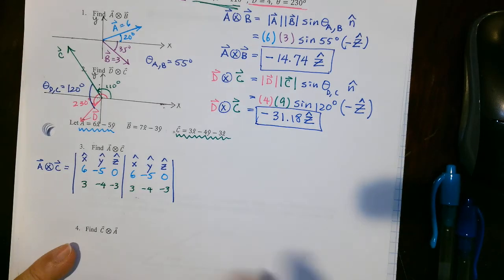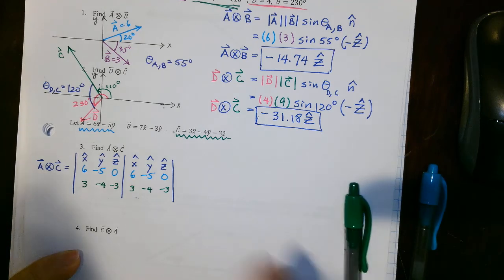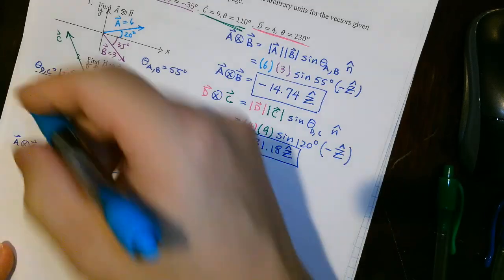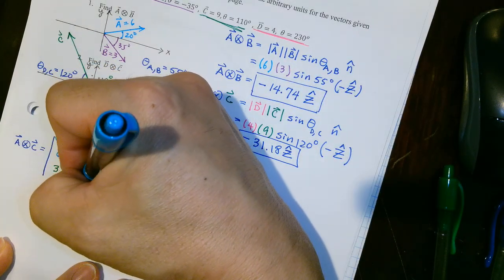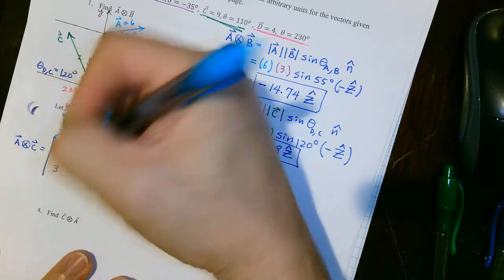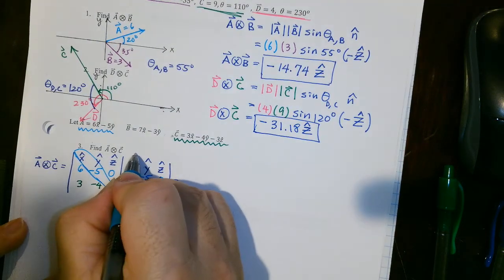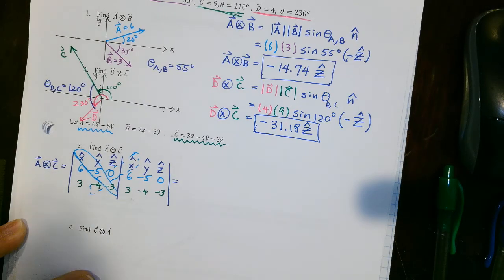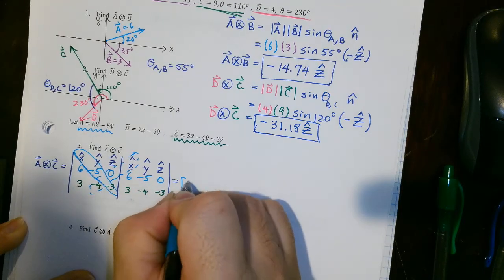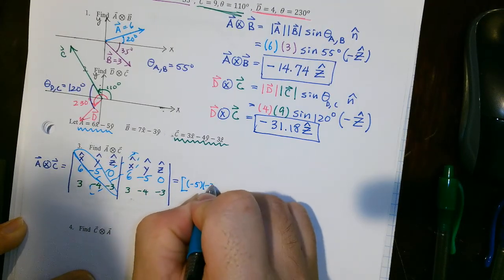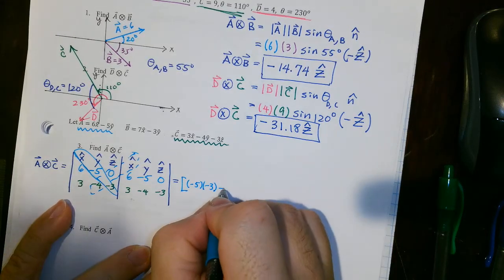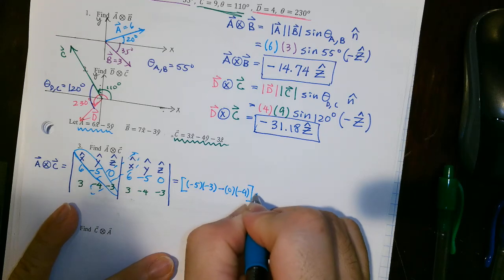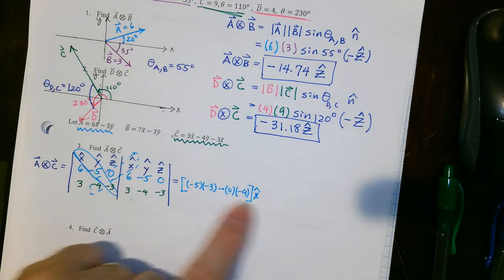So if I were to now cross them, this would be simply this, right? Minus that. So here I have negative 5 times negative 3, minus 0 times negative 4, x hat. I'm going to factor out the x hat.